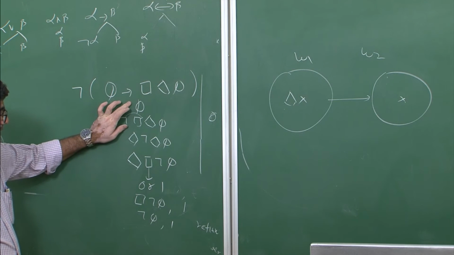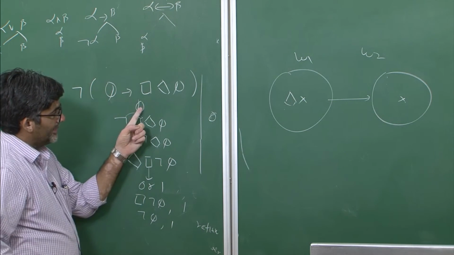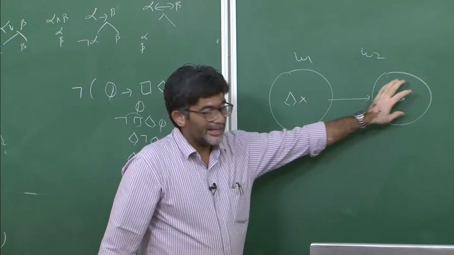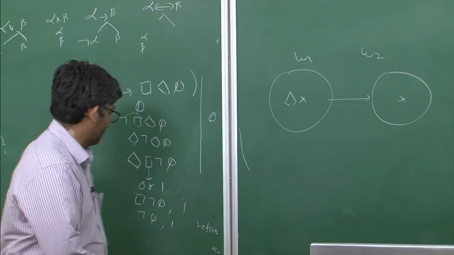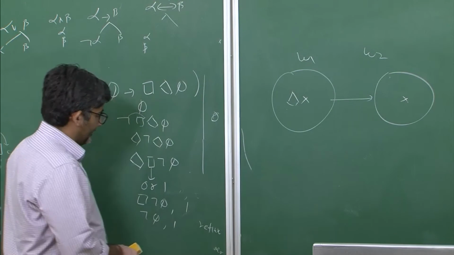Now, but that is not going to serve our purpose, because you have phi is true in world 0, and not phi is true in world 1. So this branch closes is the one which you are trying to study.